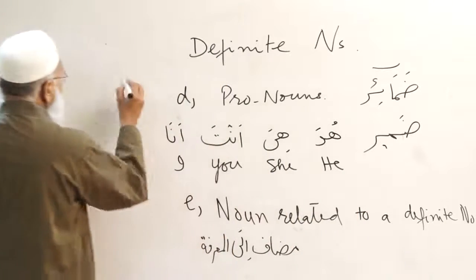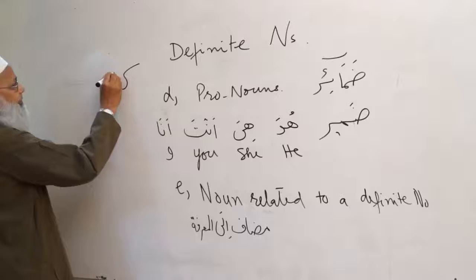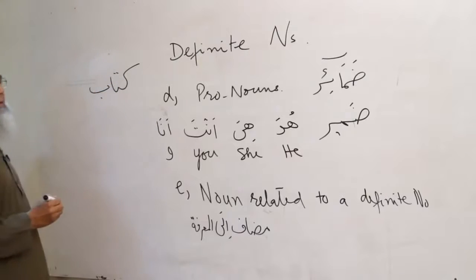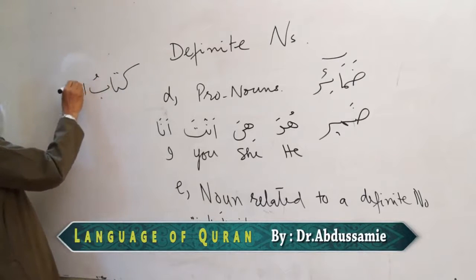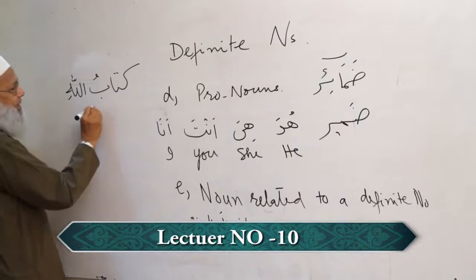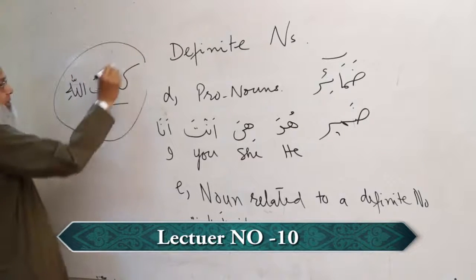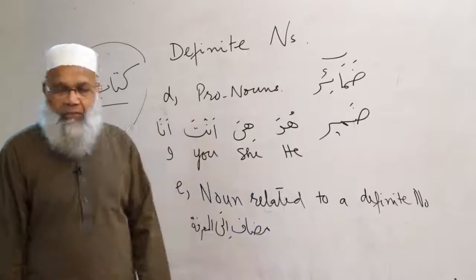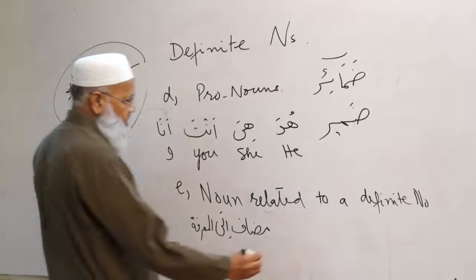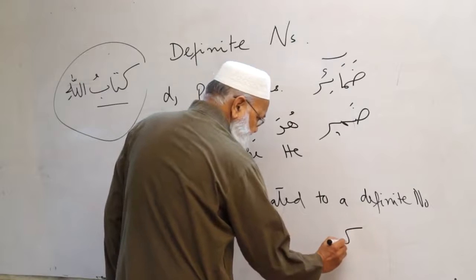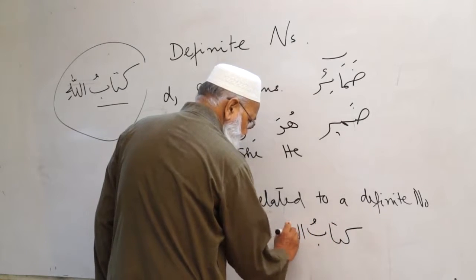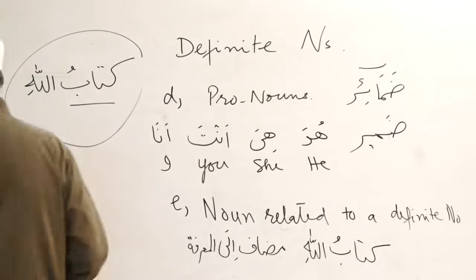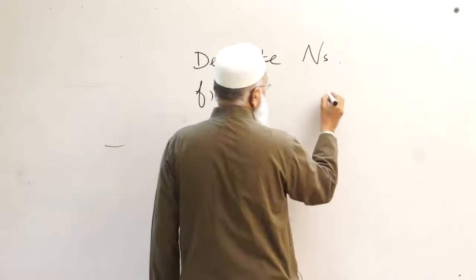Kitabun as a separate word is nakira or indefinite, but when it becomes Kitabullahi, now the word kitab in this whole construction is a definite noun. Example, Kitabullahi. The next category, Mu'arraf bil-lam.